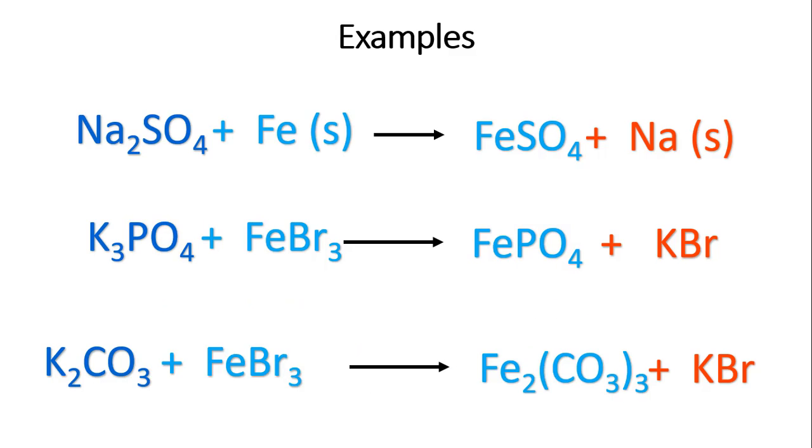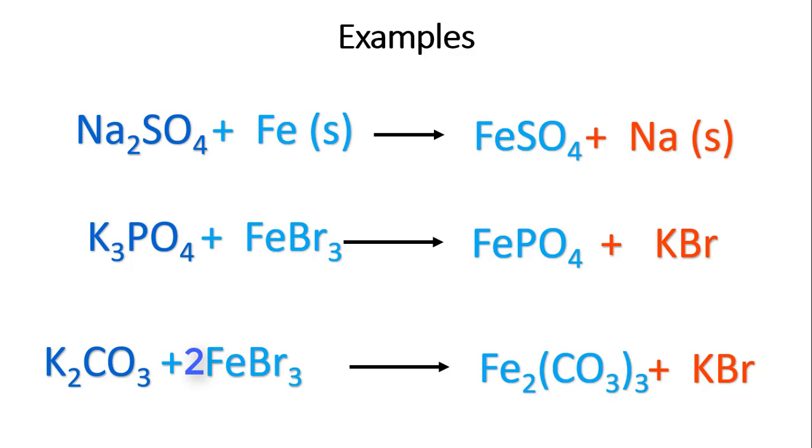All right, so now let's look at that last example, and I'm gonna balance that because it's not balanced, right? If you look at the reaction, there are 2 potassiums on the left side, there are 3 bromines on the left side, and then there are also 3 carbonate anions on the right side and 2 irons on the right side. So now I need to fix that. If I put a 2 in front of iron 3 bromide, notice I now have 2 irons and 6 bromines.